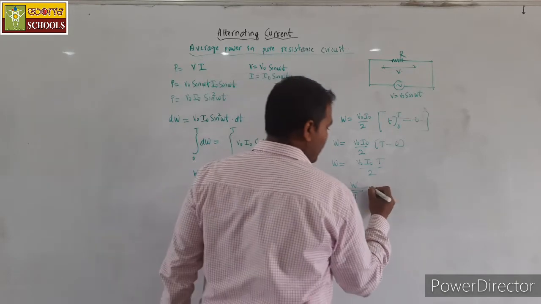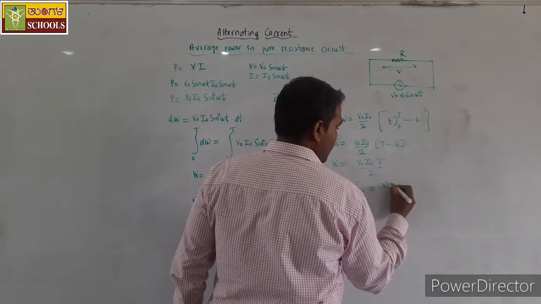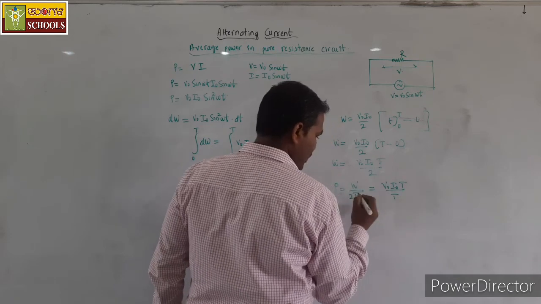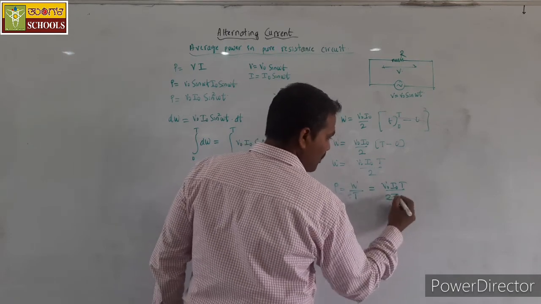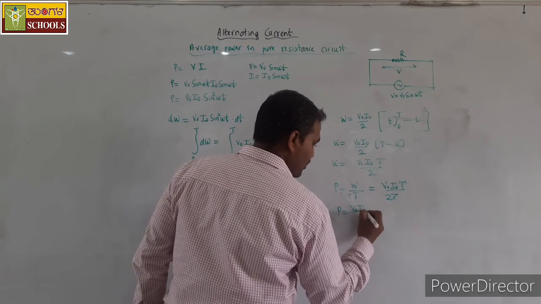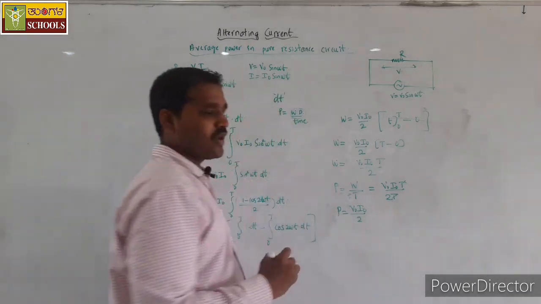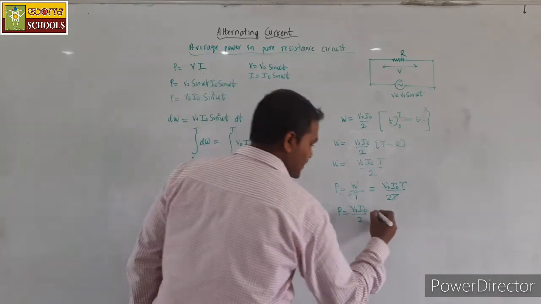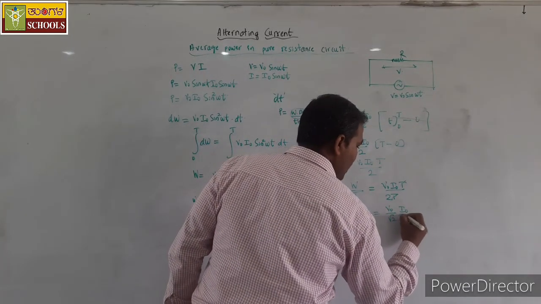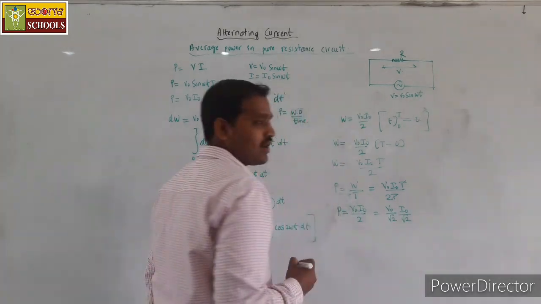Let us substitute the value of work here. I will get V naught I naught capital T divided by 2, and T gets cancelled. So I will get power is equal to V naught I naught divided by 2. This can be written as V naught divided by square root of 2 into I naught divided by square root of 2.